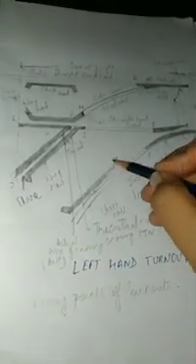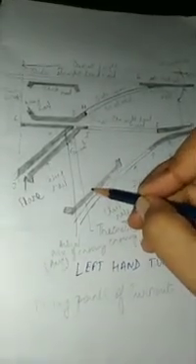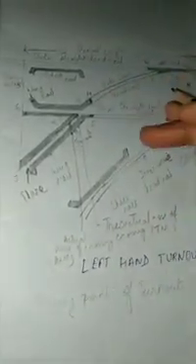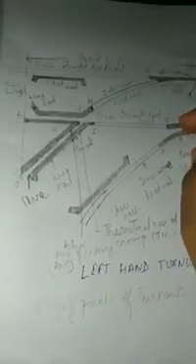These turnouts are those where trains pass over the switches first and then they pass over the crossing. These are important to specify when the direction of movement of trains is reserved for facing direction.